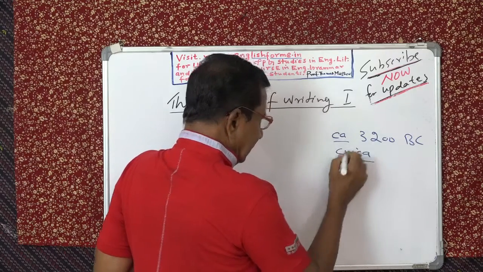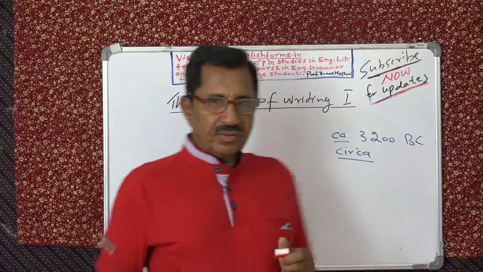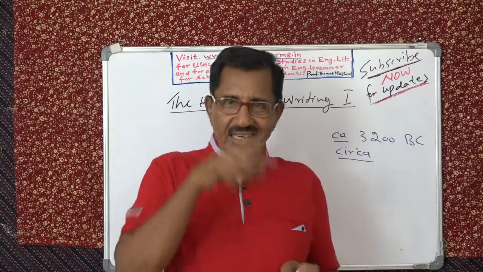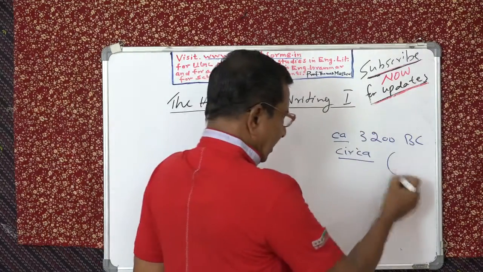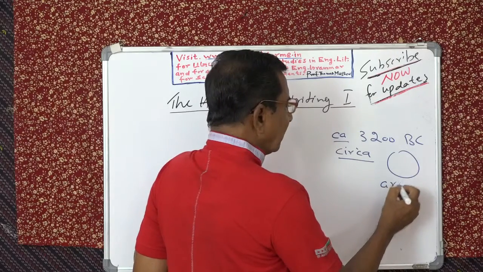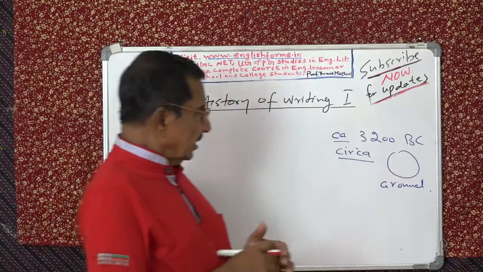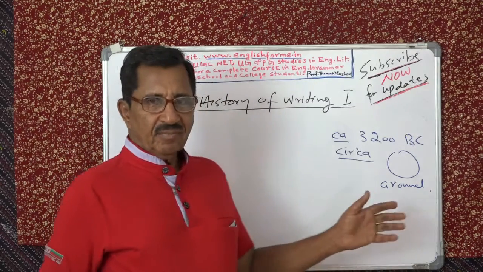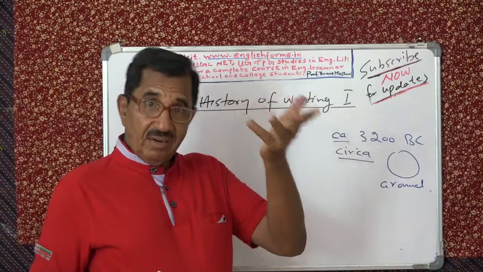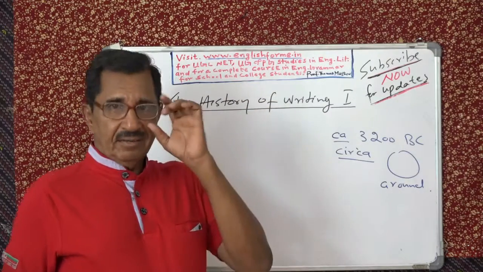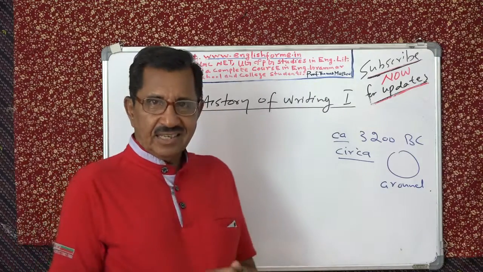Circa means around. Circle comes from this. So around. The exact date we don't know, so we say circa 3200 BC. It means somewhere around 3200 BC writing began. That is, humans started writing.